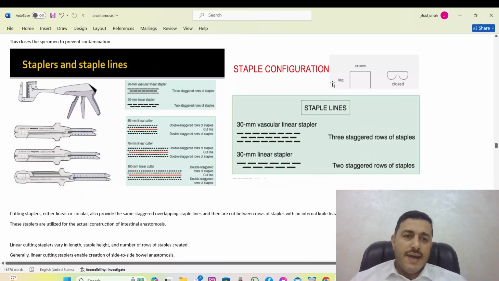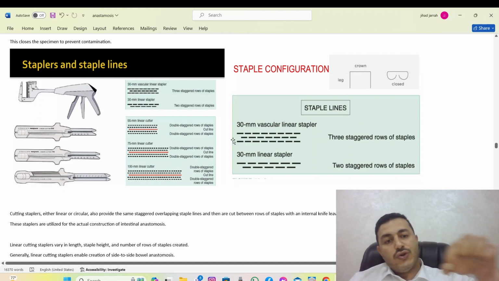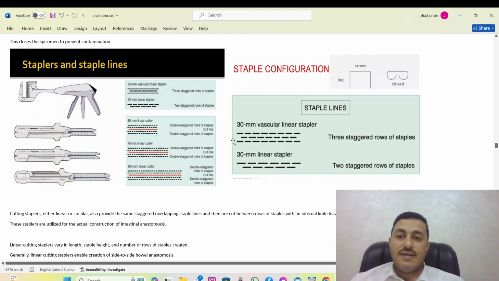Again, this is the leg and crown after closure, after firing, after creating the anastomosis. A row of staples is created, a straight row of staples, and actually you can see here, for example, this type of anastomosis creates 3 rows on one side and 2 rows on the other side.